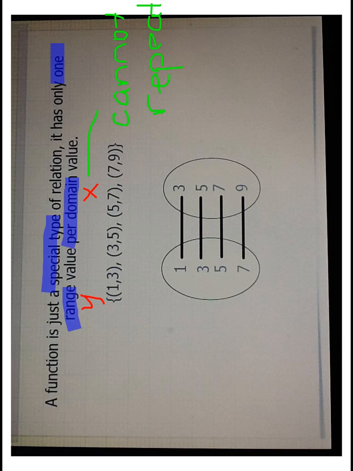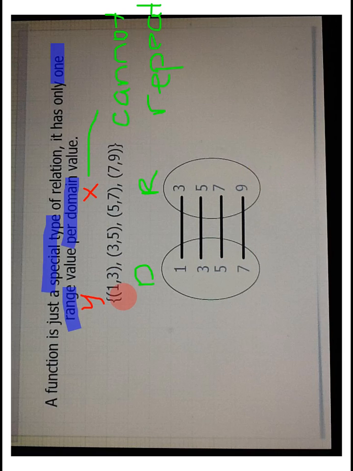So let's look down here at the bottom. This is an example of a mapping. We're going to learn about this in a minute. This is another way to represent a relation or a function. What you see here is on the left side we have our domain, and on the right side we have our range. So we have our X values here and our Y values here.